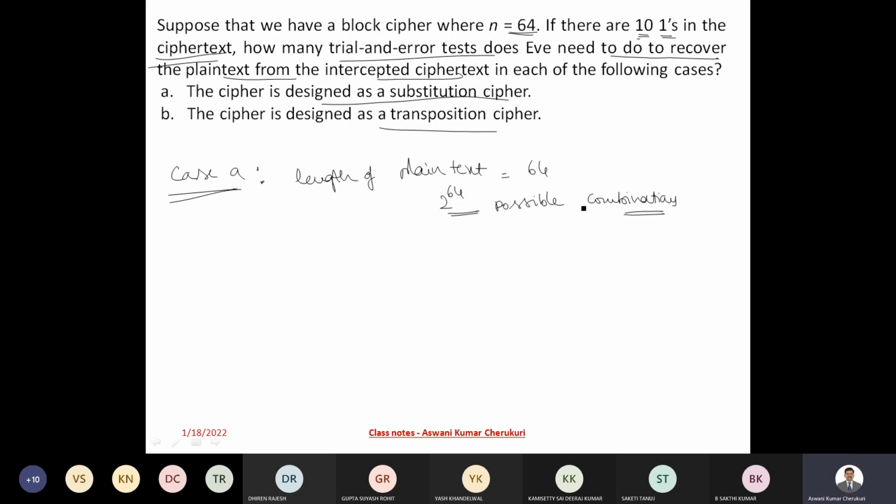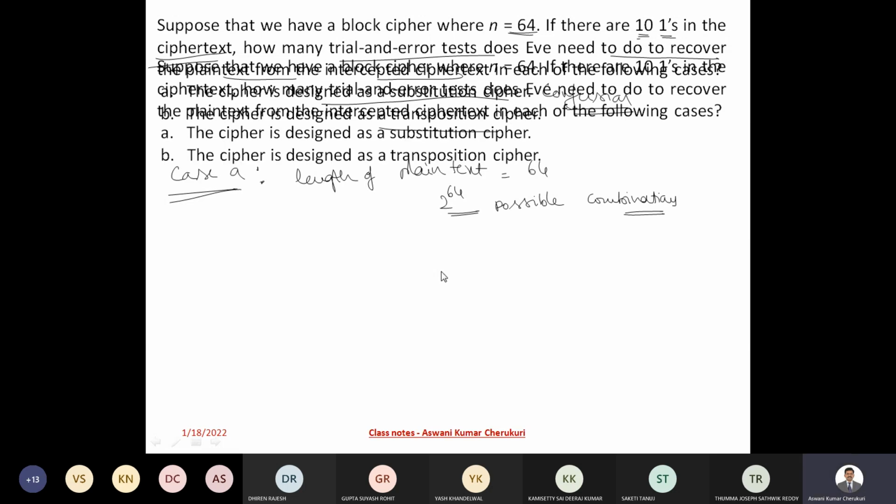The attacker has no idea which bit is substituted with what bit. That is the goal of substitution. What is the goal of substitution? To create confusion. The attacker does not have any idea which bits are substituted with what bit.